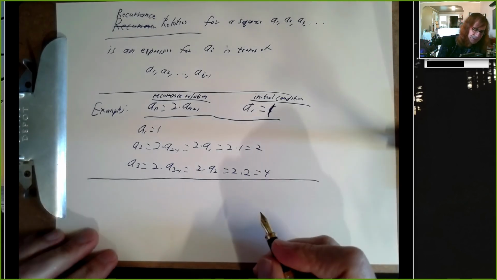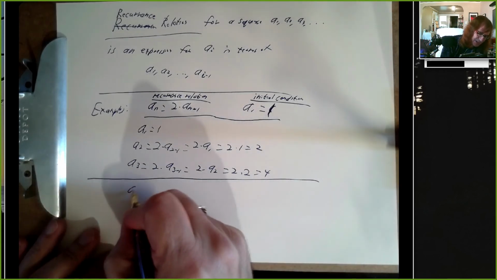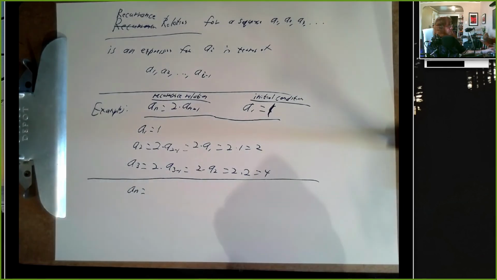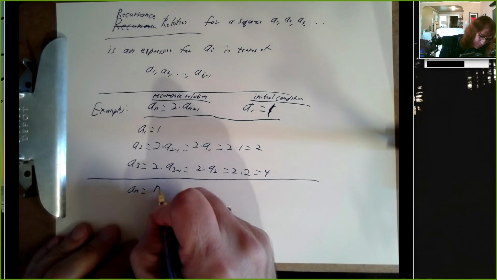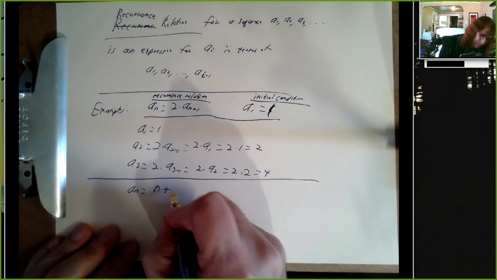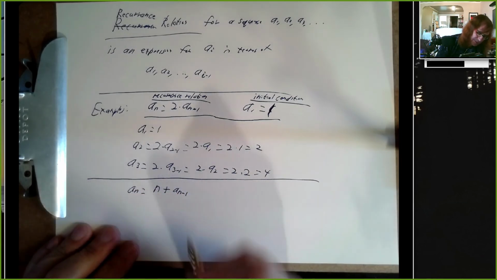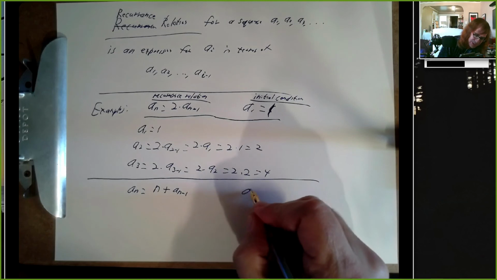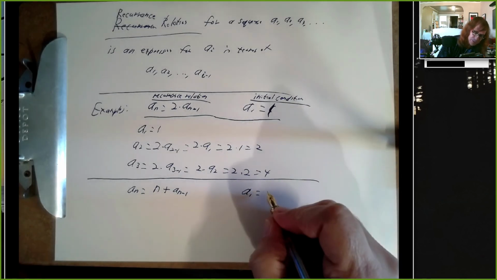All right, here's a different example. Let's say an is equal to n plus an minus 1, and let's say a1 equals 1.